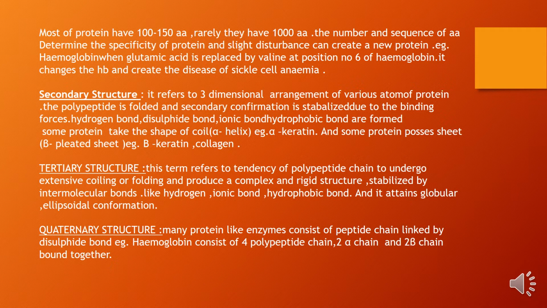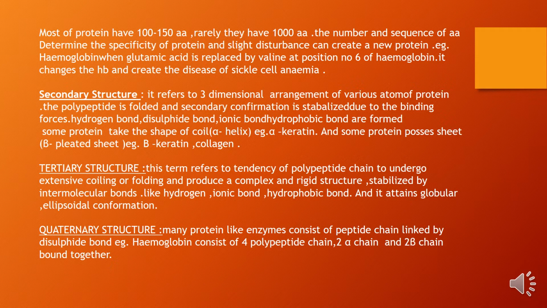The number and sequence of amino acids determine the specificity of protein, and a slight disturbance can create a new protein. Example, in hemoglobin, glutamic acid is replaced by valine at position number 6. It changes the hemoglobin and creates a disease called sickle cell anemia.